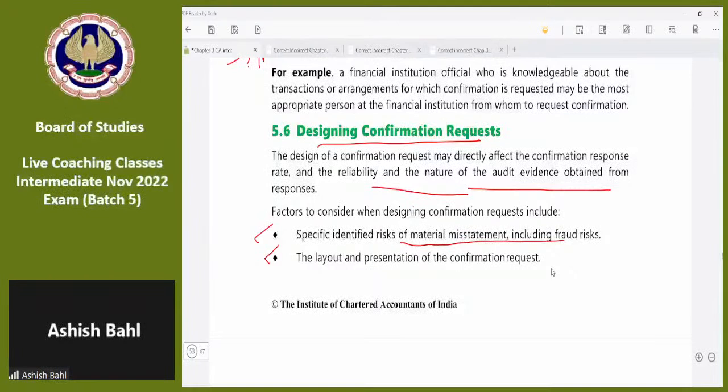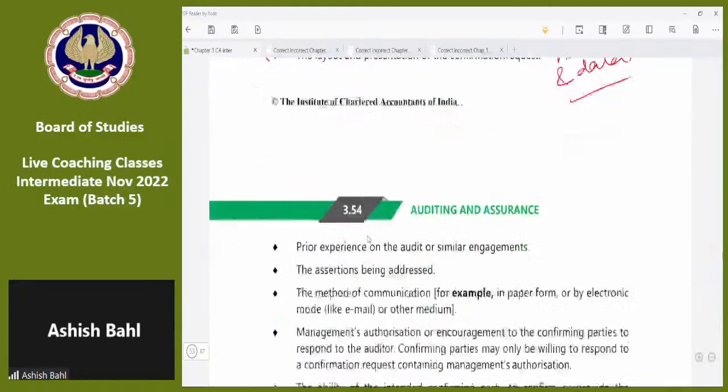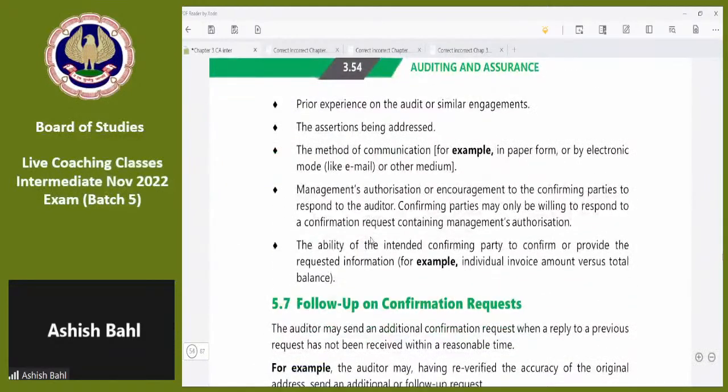The confirmation should be properly addressed and dated. The method of communication is very important. Now the auditor has to decide whether he has to send it by paper form, say by speed post or registered post, or say by mail.